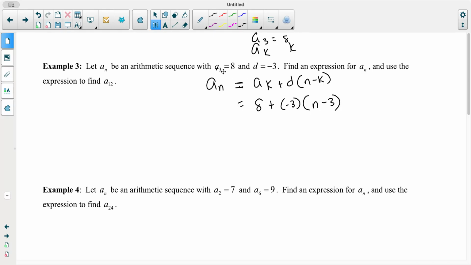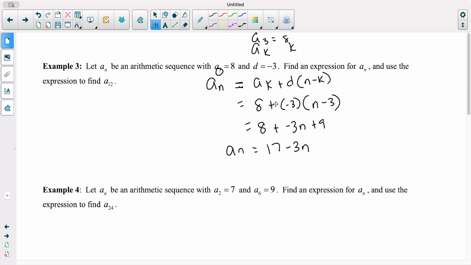It's the third term, and it happens to be 8. So simplify it out by distributing: 8 plus negative 3n, or minus 3n, it doesn't matter, plus 9, combine like terms. Your general form is going to be 17 minus 3n.